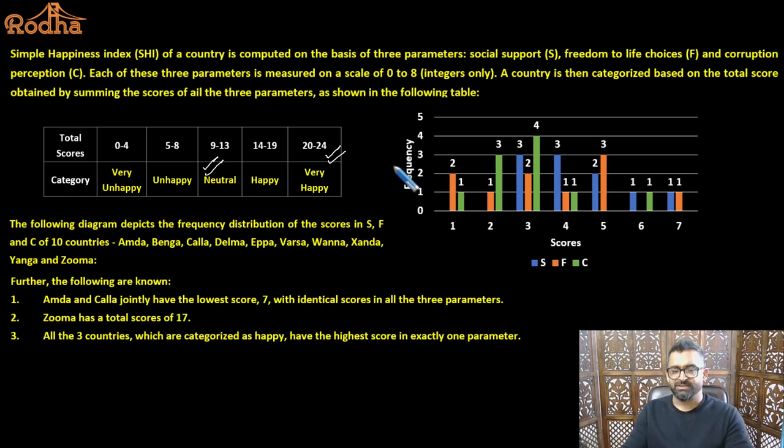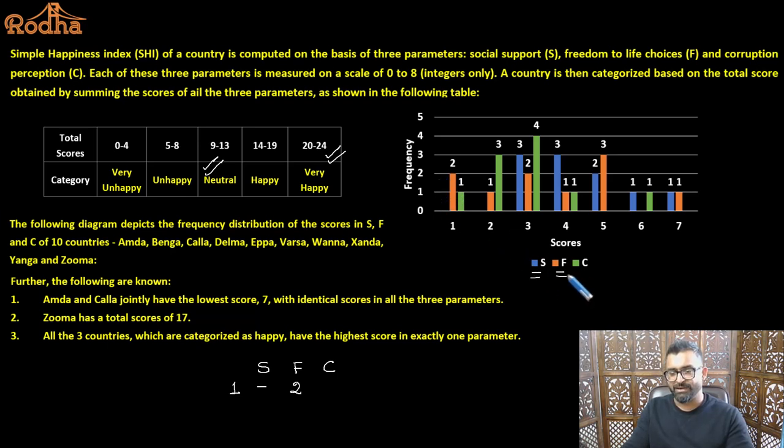Okay. So let's first of all understand what the diagram is telling us. If I want to get a better idea, I'll just make a table out of it: S, F, and C. And if I look at point 1, point 1 is given twice when it comes to F. Point 1 is not given any times in S. If I look at parameter S, we don't have 1 point here.